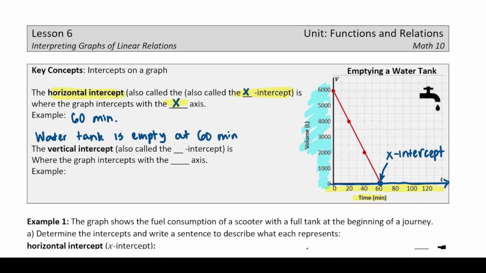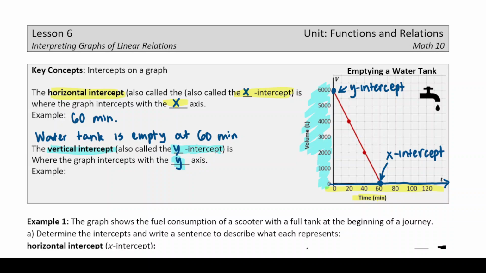Okay. On the other axis, the y-axis, we call that the vertical intercept, or the y-intercept. It's a shorter way to say it. It's because it's where the graph intersects with the y-axis. So you can use the terms y-intercept and vertical intercept interchangeably. This is the starting point in this graph.